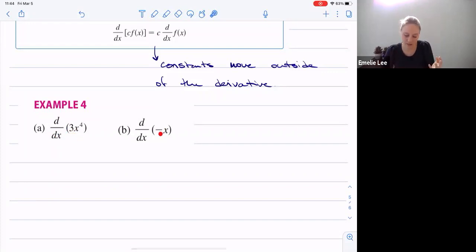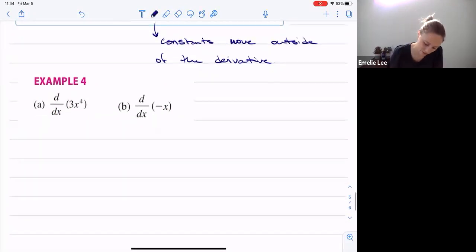Same thing with the negative. Negative x is really just -1 times x, right? So here I've got a constant of -1, which I can push to the outside and figure out what the derivative of x is. And then I'll have the overall derivative.